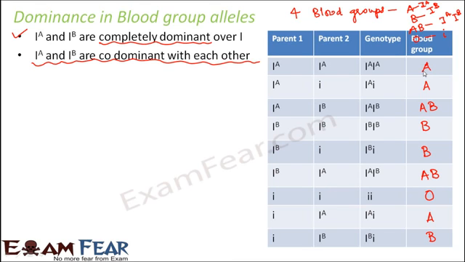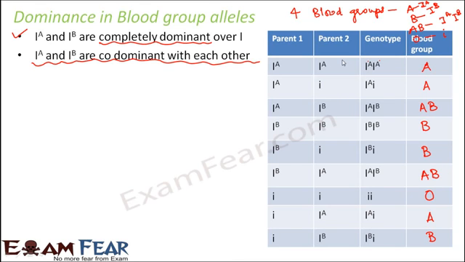And also the parents play a role because at the end of the day these alleles are coming from the parents. One allele is coming from the mother, the other allele is coming from the father. So you will actually get to see a lot of questions coming out of these blood group scenarios.